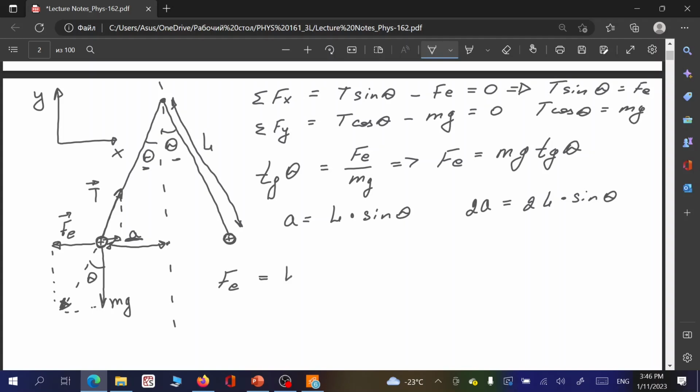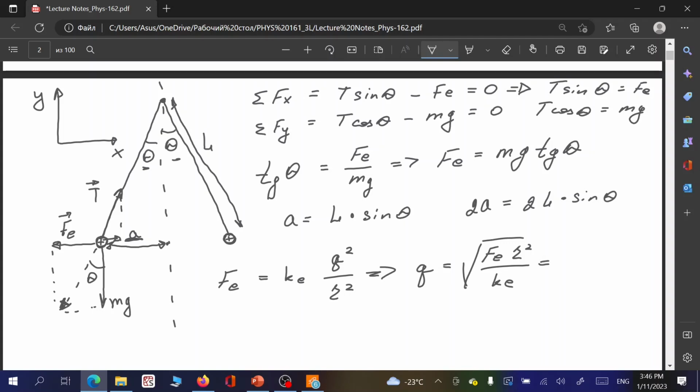So we know that it's equal to Ke, electric constant, times Q square, because electric charges are the same, divided by R squared. So that is Coulomb law. From here, we define that Q, electric charge, is equal to square root of electric force times R squared divided by Ke, which is the electric constant.